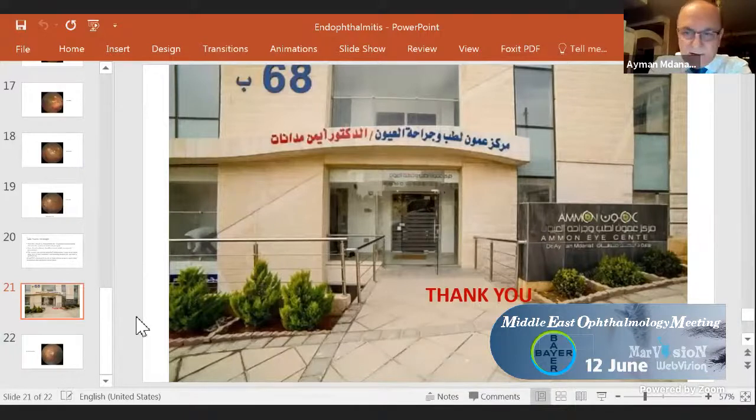So 6 weeks after surgery, I went in, I removed the silicone oil, and I put an IOL because I left the posterior capsule intact. When I put the IOL, I also did a posterior capsulotomy, and I re-injected antibiotic again. The patient is well, and his vision is 0.2, and he's happy, and I'm happy. Thank God. We were lucky.